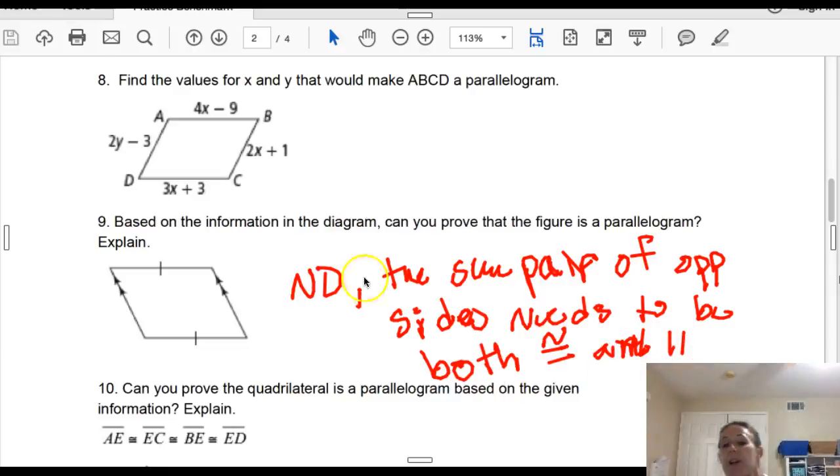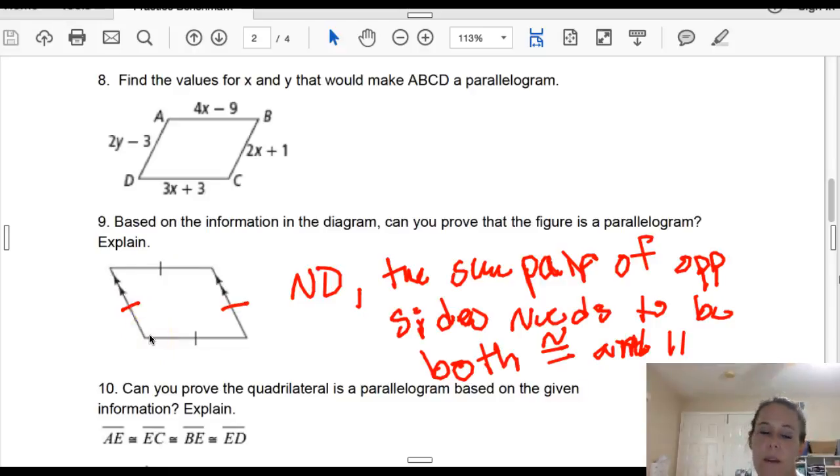Okay, so we have another theorem, and this is why I chose this. They give us parallel and congruence. If I had the same pair of opposite sides that were marked congruent and parallel, then I would have a parallelogram.